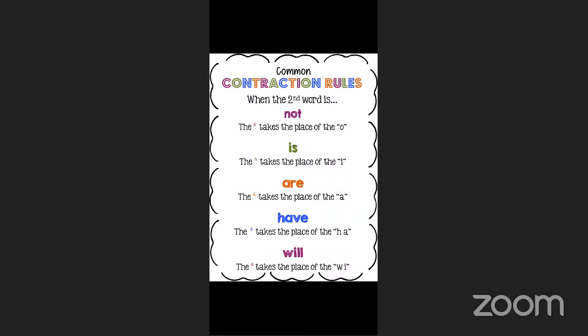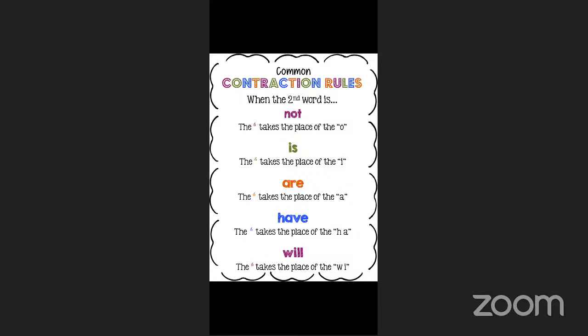We have. Will. Next one, will. The apostrophe takes the place of W and I. I will, I'll. So the W and I are removed and an apostrophe comes in their place.